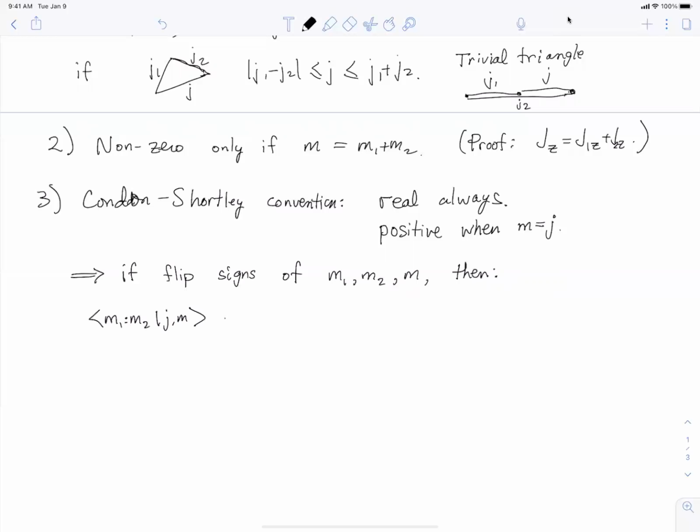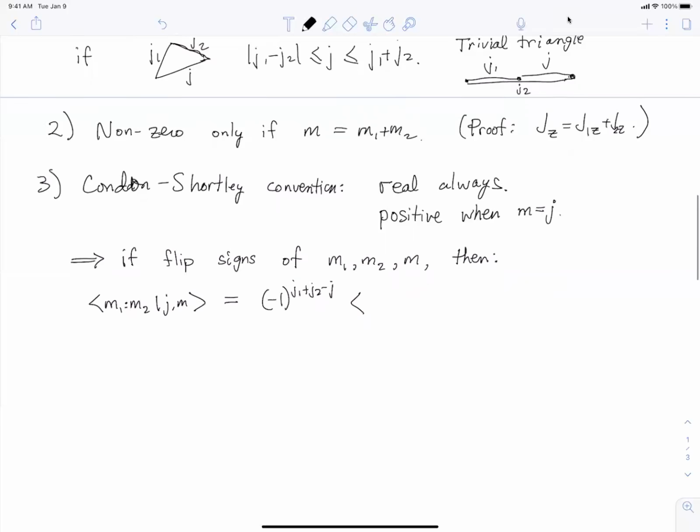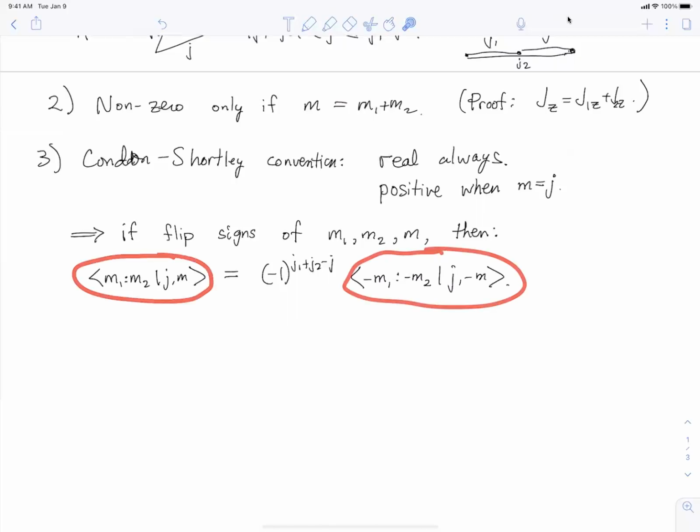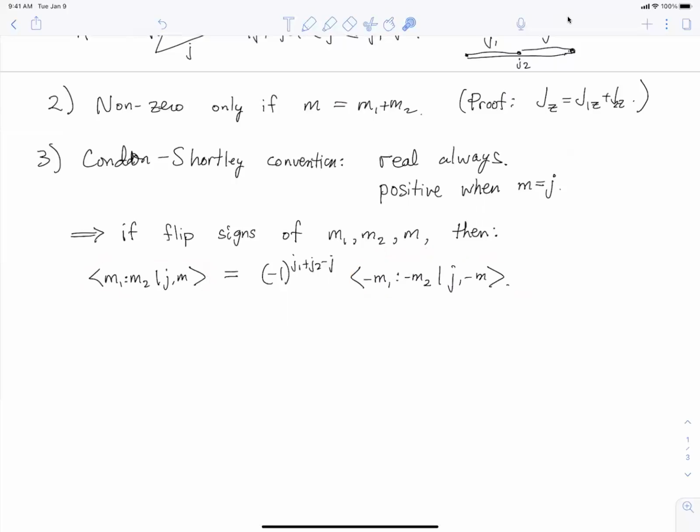If I write the first one, it's (-1) to the j1 plus j2 minus j, which is always an integer, even if j1 and j2 are half integers, and this is minus m1, minus m2, j, minus m. So that's another check you can do, because you can independently compute this one and this one starting from the algorithm, and if you haven't made a mistake, they should be equal up to a sign, which you can figure out from what the j's are.